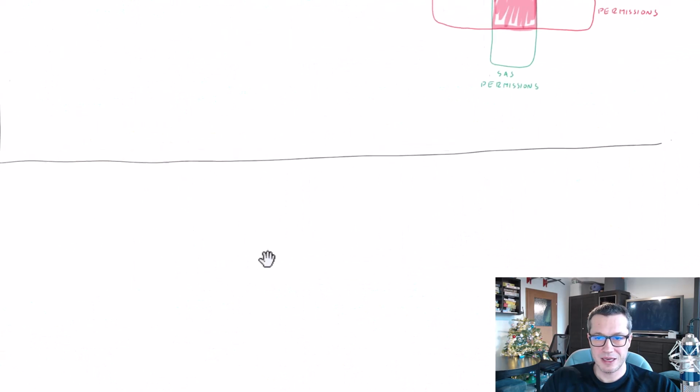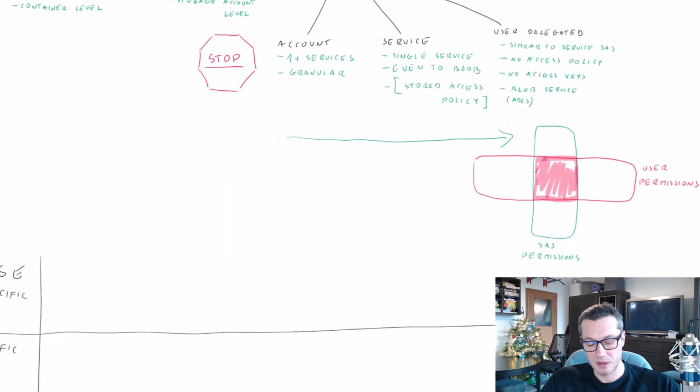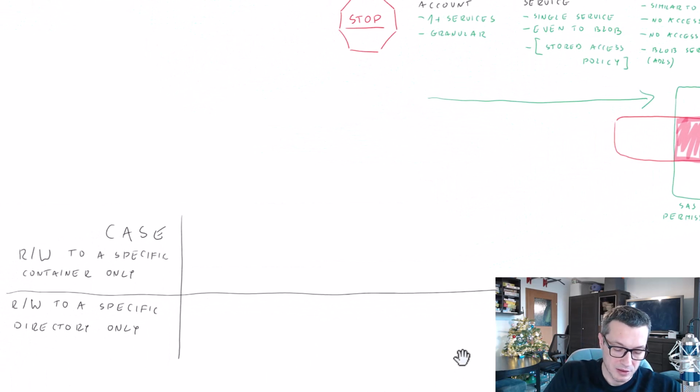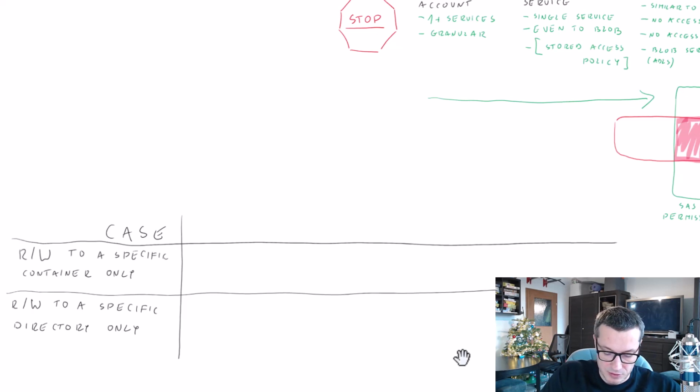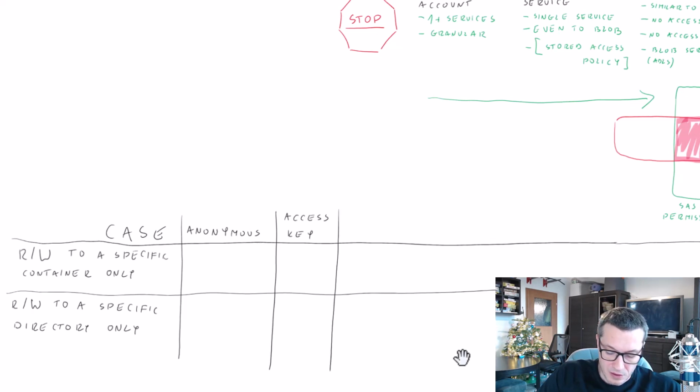And actually, let's analyze all those methods that we discussed so far. So let me add all those methods. What methods did we cover? Well, we have anonymous access. That was the first option. Then we've got access keys. The next option was account level SAS token.